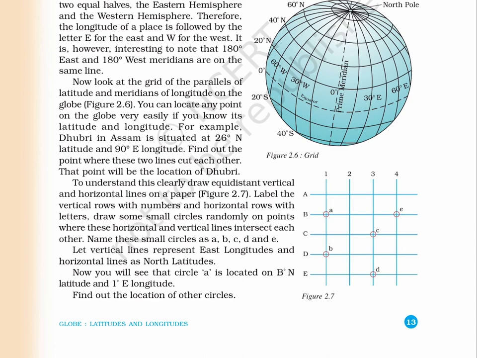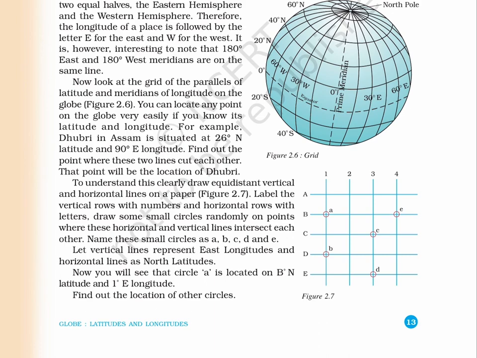To understand this clearly, draw equidistant vertical and horizontal lines on a paper as shown in figure 2.7. Label the vertical rows with numbers and horizontal rows with letters. Draw some small circles randomly on points where these horizontal and vertical lines intersect each other.